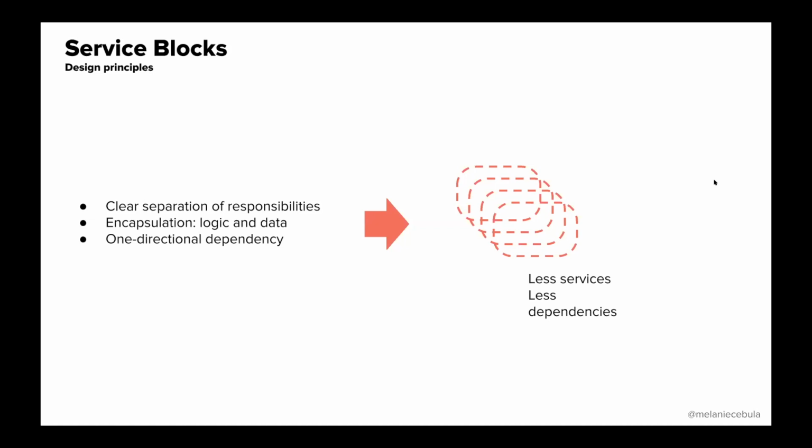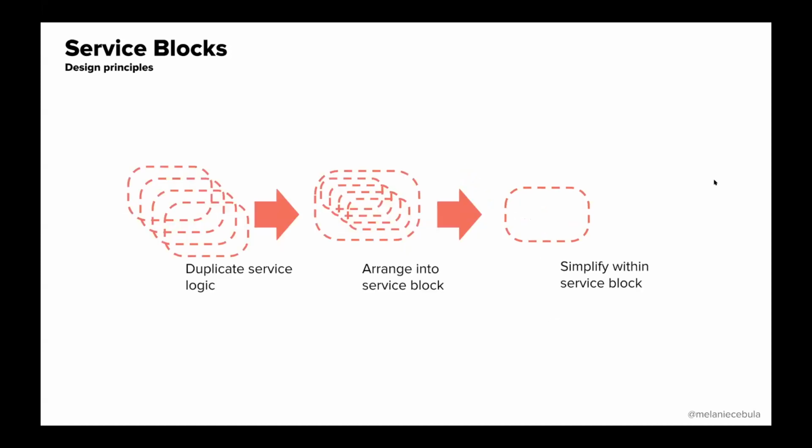The outcome of this is fewer services and fewer dependencies. So we want to keep our architecture in check. It can kind of run away from you, and it is okay to say, hey, there are redundant services, there are unclear responsibilities, let's consolidate these and get one really great service out of it.